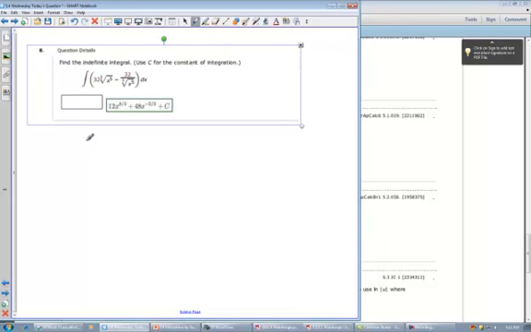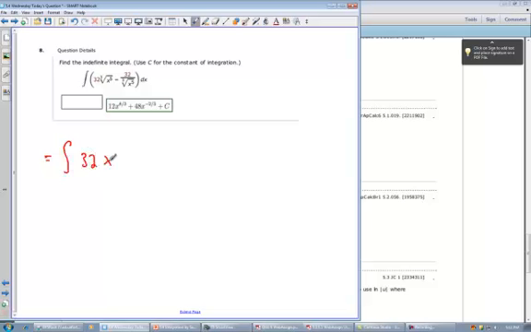Okay, so to find this indefinite integral, it says use C for the constant of integration. How do we do this? Well, the first thing is I have to write these as powers of x. So this is actually equal to the integral of 32 times x to some power.